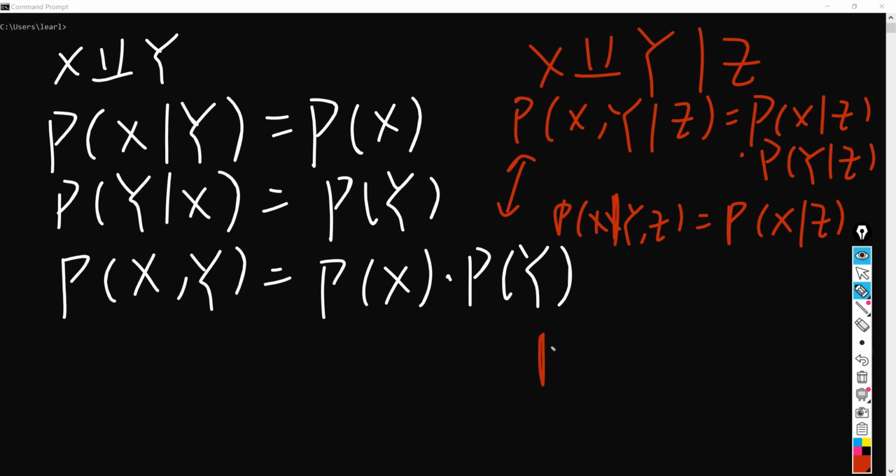Similarly, we have p(y | x, z), which equals p(y | z). So please pay attention: in the first case, x and y are independent of each other under whatever circumstances, but here, x and y are only independent when given the condition z.